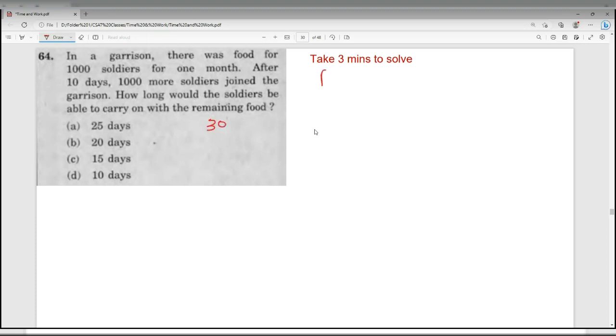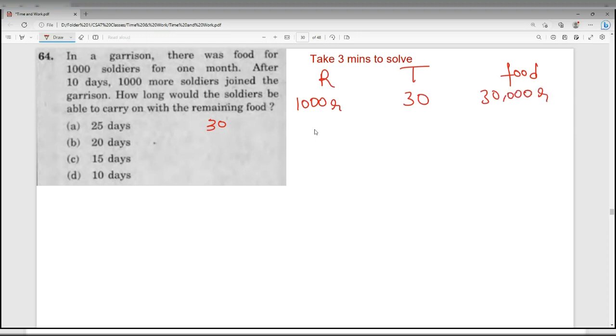So let's say we have R, T, and then food. So we had food for 1,000 soldiers. Let them eat R units of food per day. And then they are saying that they had food for 30 days, that is 1 month. So the total was 30,000 R.